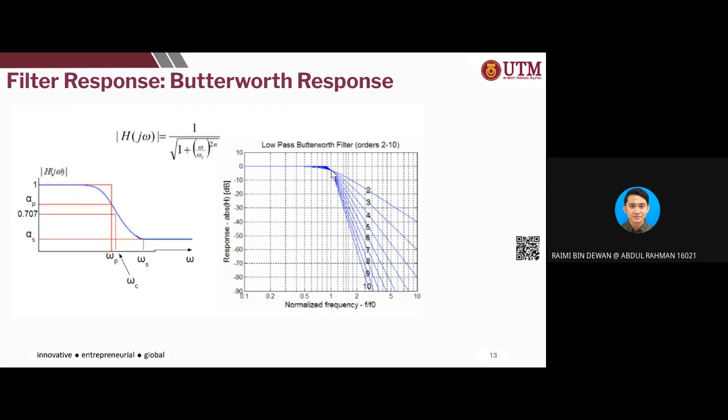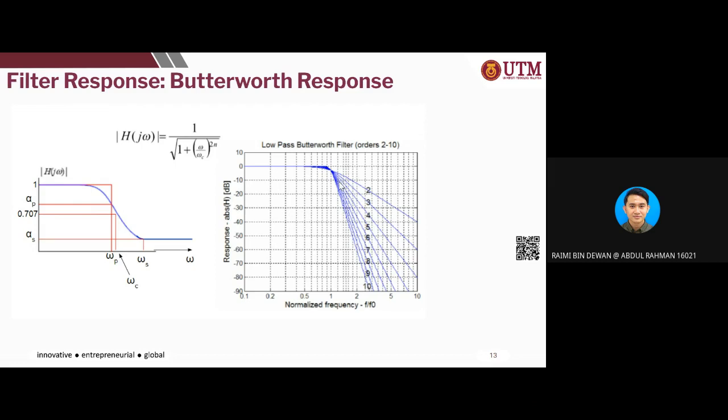Meaning the higher the order of the filter, the faster the roll off, because it is attenuated much faster with the increase of the order of the filter.